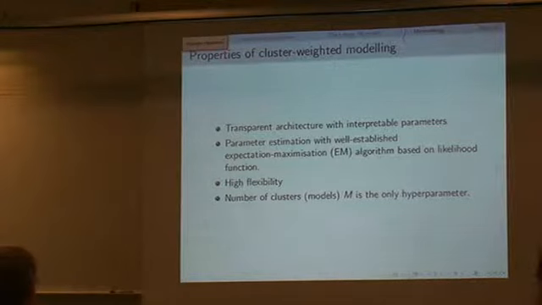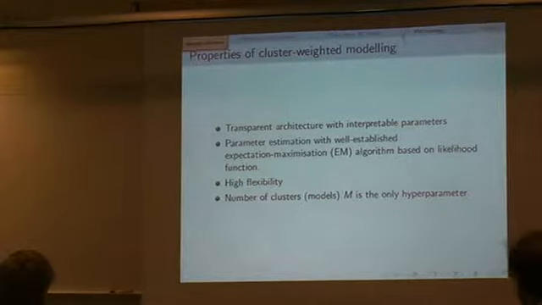The Markov chain has a meaning. You can interpret the transition matrix of the Markov chain. You can interpret the clustering in X space. It has a certain meaning. Then parameter estimation in this framework is well established using the EM algorithm, the expectation maximization algorithm, a very general class of algorithms well known in the statistics community, and this can be put in the framework of EM.